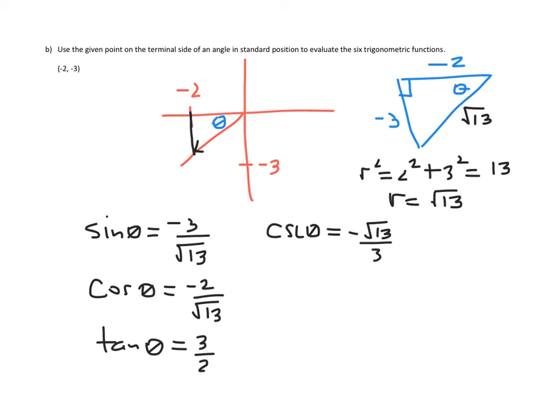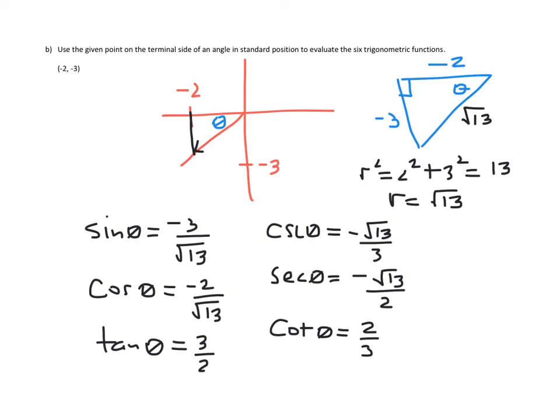Then we go to secant of theta, which is going to be negative square root of 13 over 2. Then we go to cotangent of theta, which is going to be 2/3.